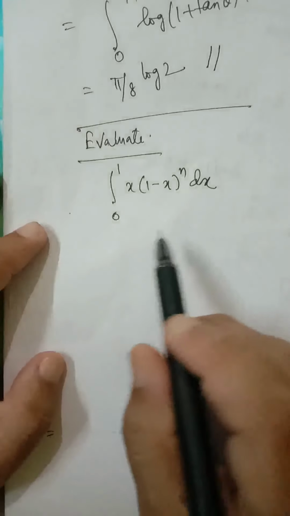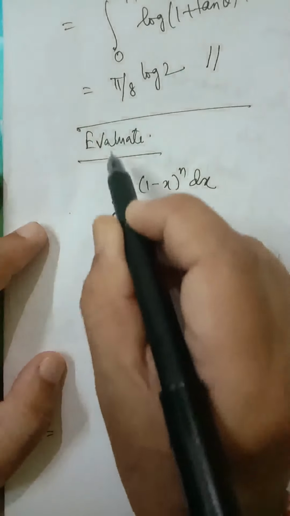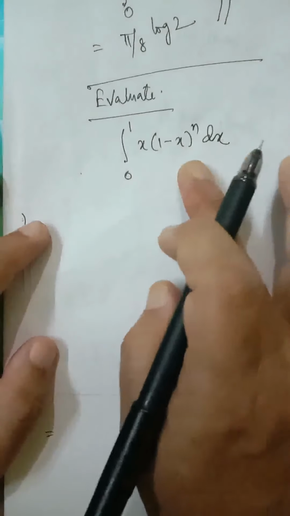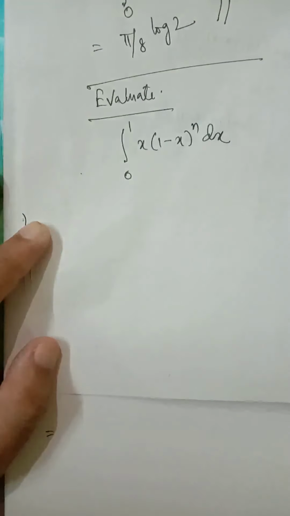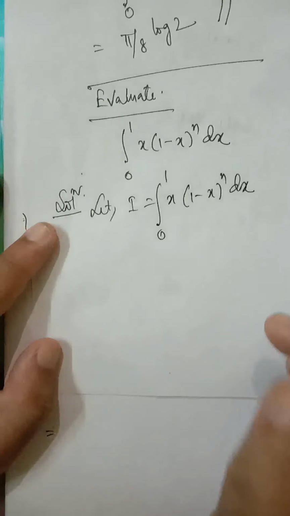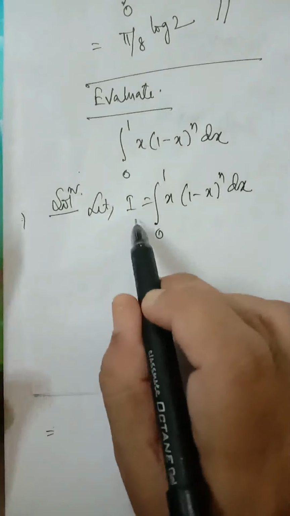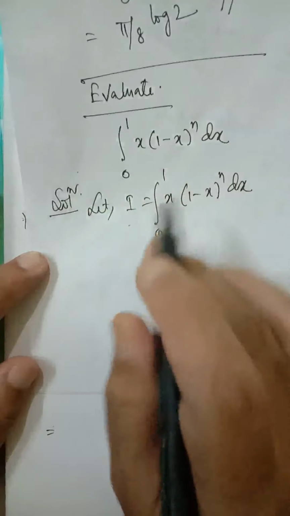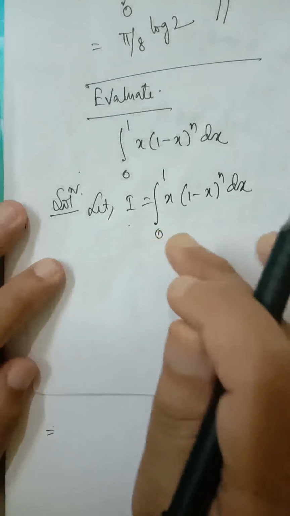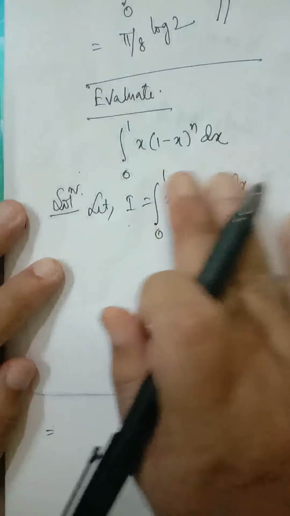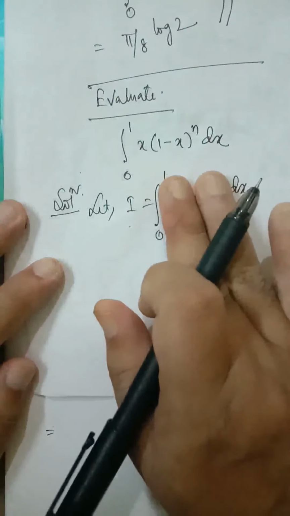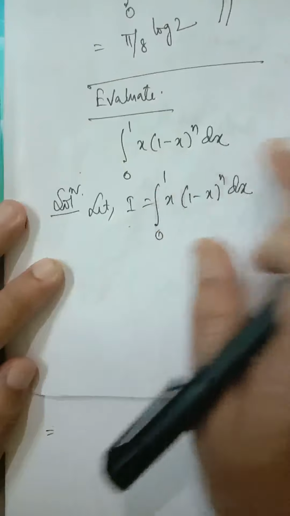Our next question is to evaluate the integration from 0 to 1 of x into 1 minus x, whole thing to the power n, dx. So first of all, we will consider the given integral as I. Next, we will use property number 4. This integral is of the form 0 to a f(x) dx, and here a is 1.